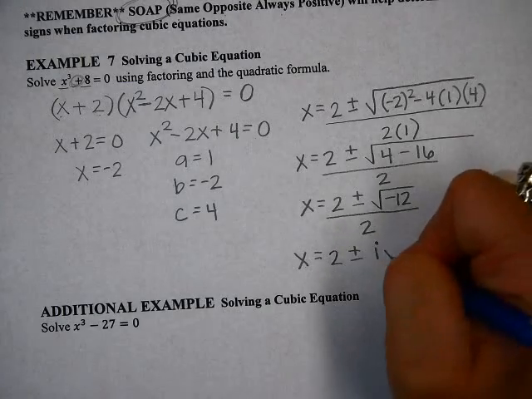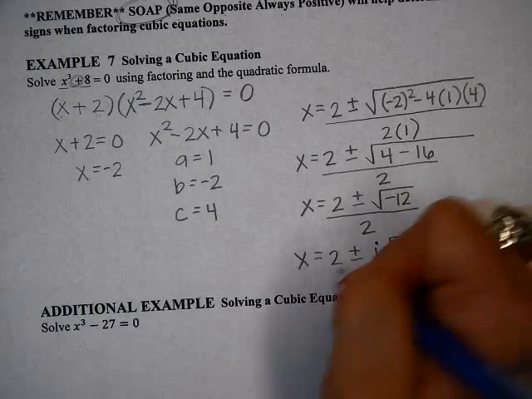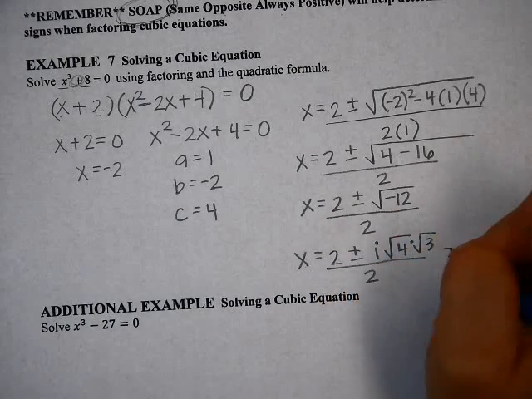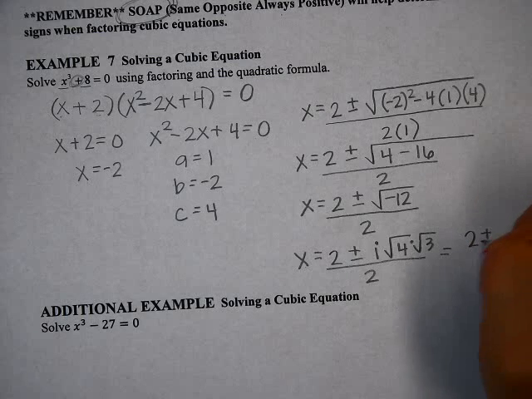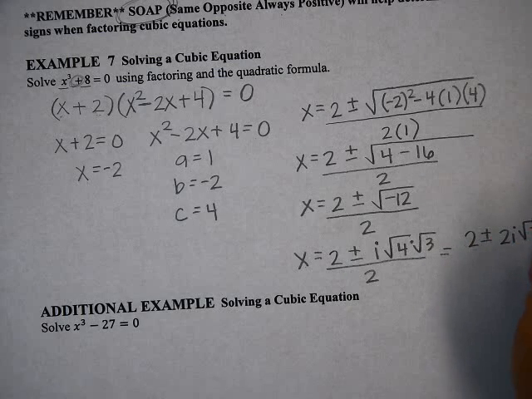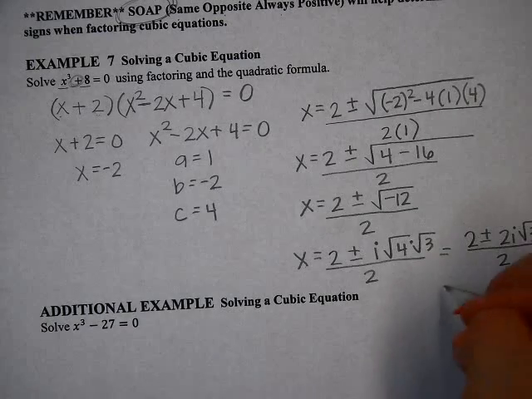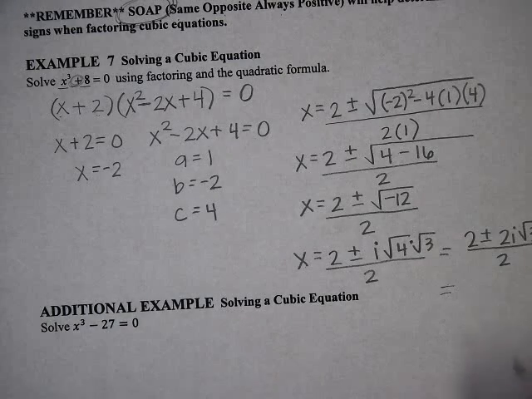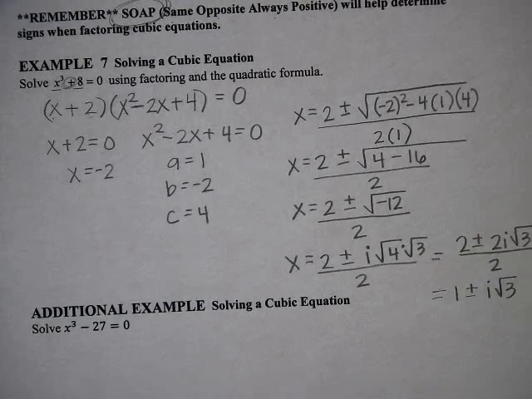The square root of 12 will break down into 4 times the square root of 3. So that will be 2 plus or minus 2i square root of 3, all divided by 2. And again, since we have a 2 in all 3 of those terms, we can factor out a 2, and that leaves us with 1 plus or minus i square root of 3.